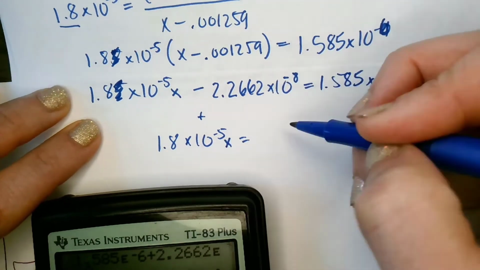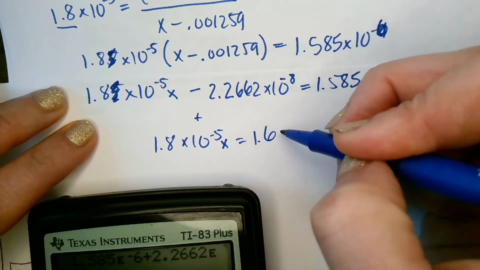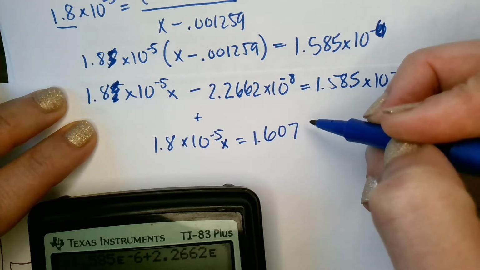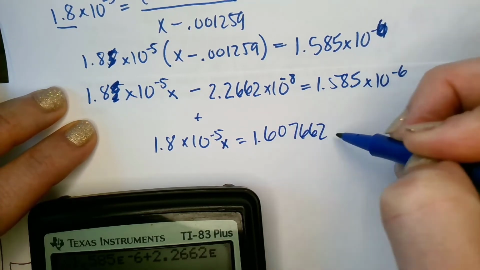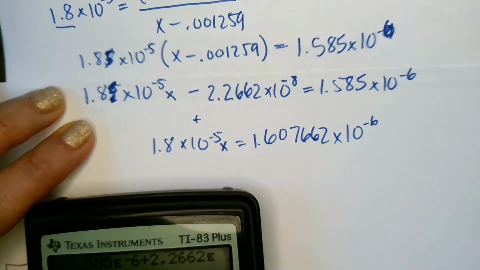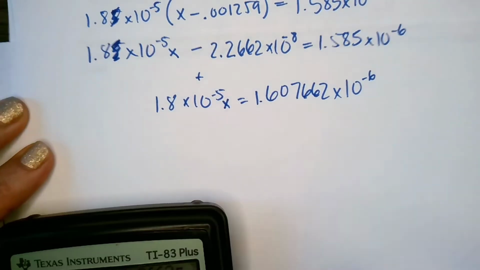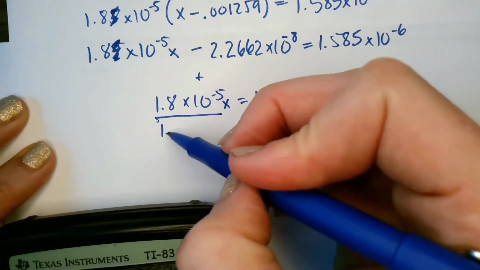I'm going to add those, and I have 1.607662 times 10 to the negative 6.